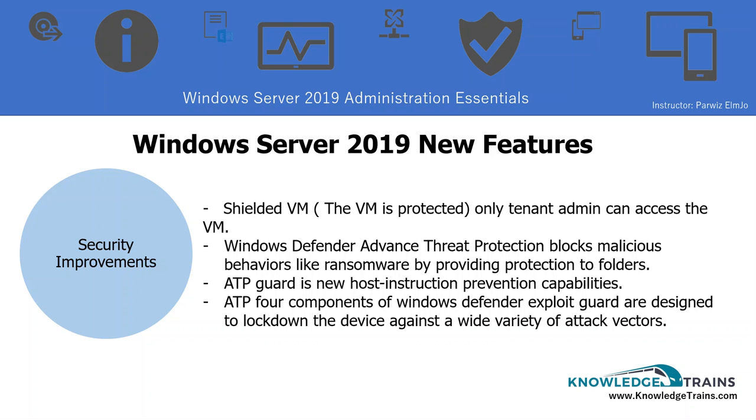Shielded VM in Server 2019 helps us protect virtual machines from compromised or malicious administrators in the fabric, such as a storage admin or backup admin. And how do we do that?